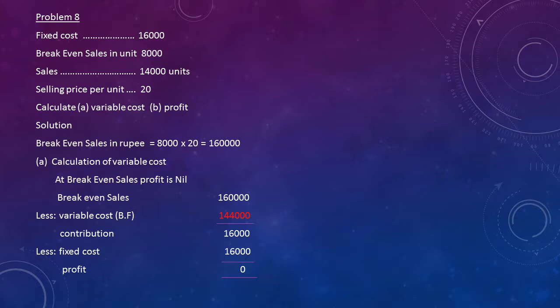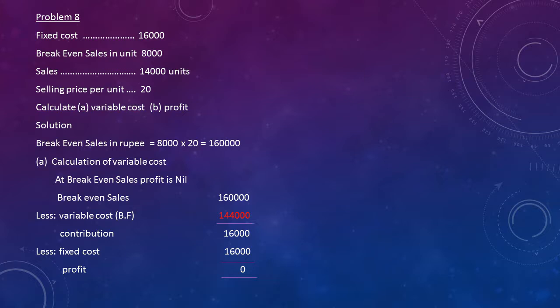Break-even sales of 8,000 is the unit. If you are producing 8,000 units, then you will be able to attain your break-even sales. Break-even sales means the level where we have no profit, no loss. Here 8,000 is the unit and 20 is the price. So how much will be your break-even sales in rupees? That is 1,60,000.